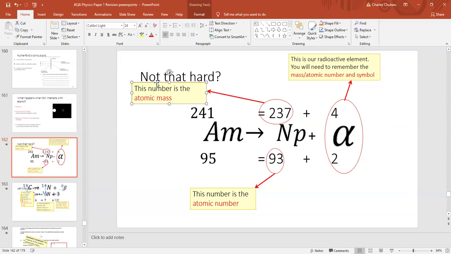What is it that makes it alpha radiation? What would you say? Yeah, alpha is the one that has the positive charge, right?